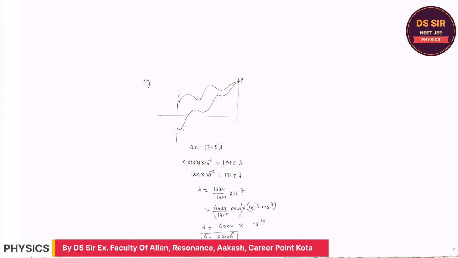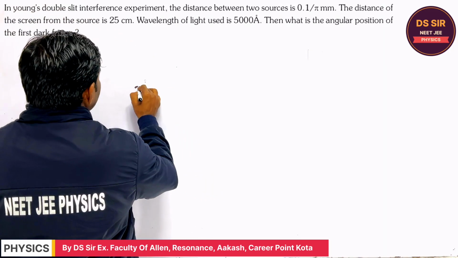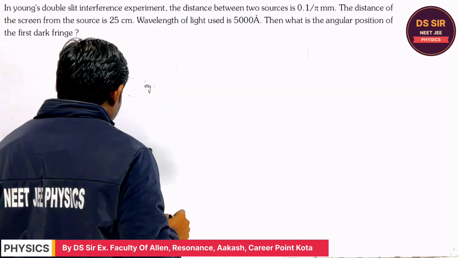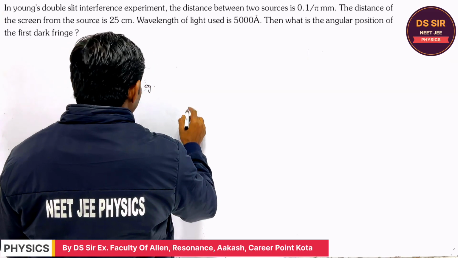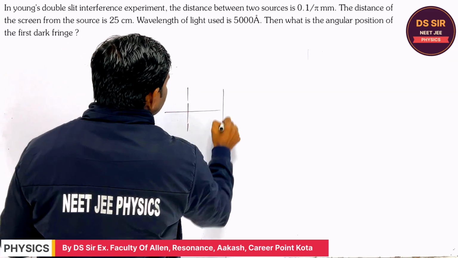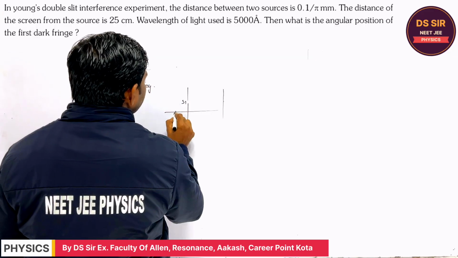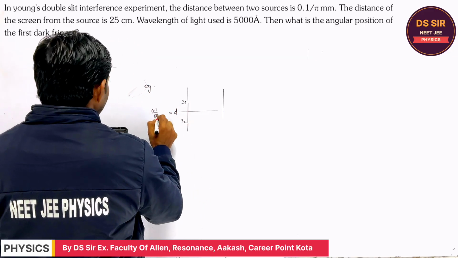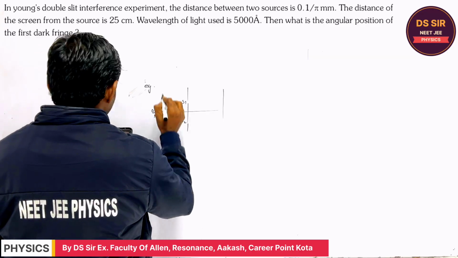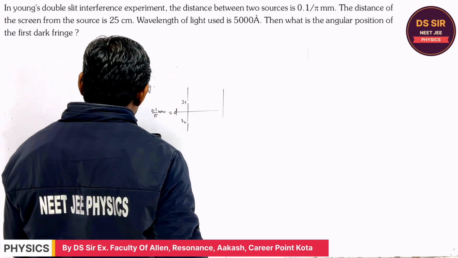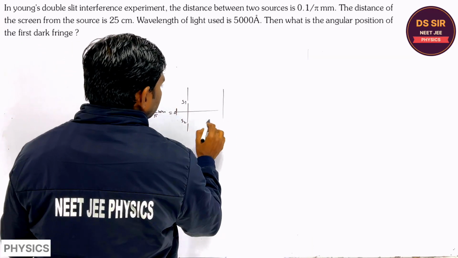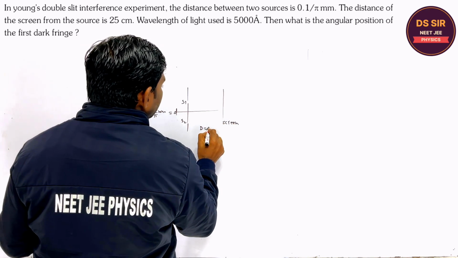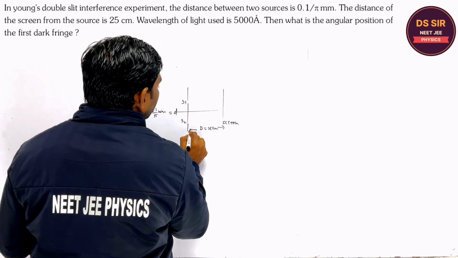Copy this. So read this question. In this question, in the Young double slit experiment, the distance between sources S1 and S2, d is given 0.1 upon pi millimeter. The distance of the screen from the source, this is the screen and this is the source, is 25 centimeter.